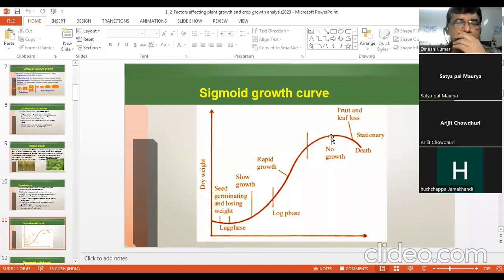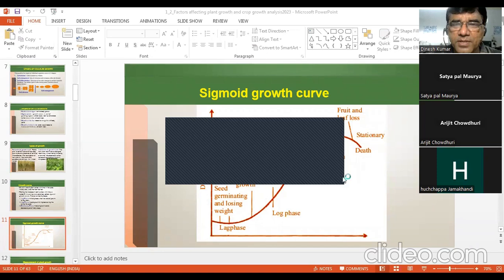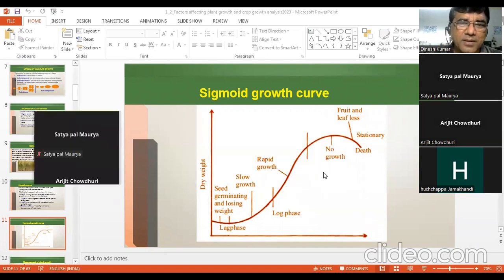It will be fixed, it will not increase further, and there can be even a decrease in the growth. Total amount of dry matter can decrease, mainly because of fruit fall or leaf loss, etc. So this is a sigmoid curve, and it is almost like your law of diminishing return. If you've seen the curve of the law of diminishing return, it is not exactly that, but quite similar to that.